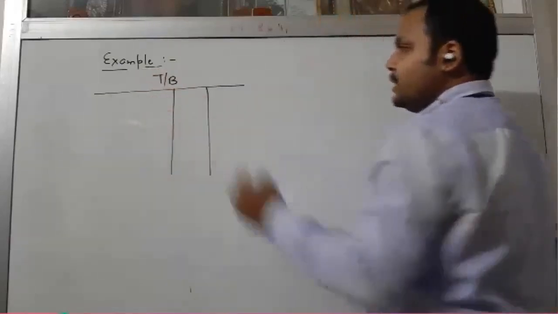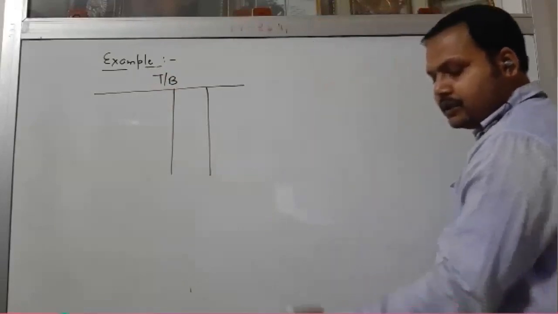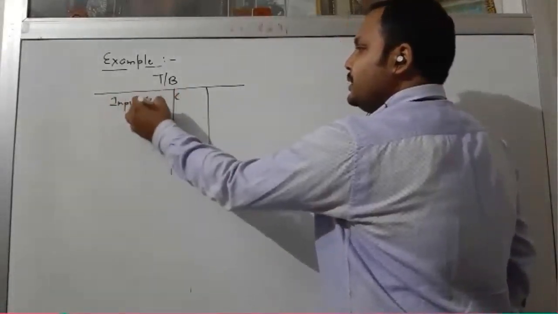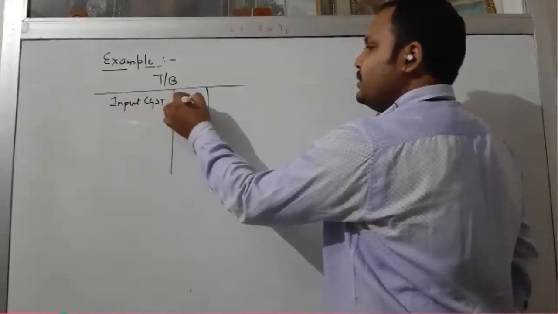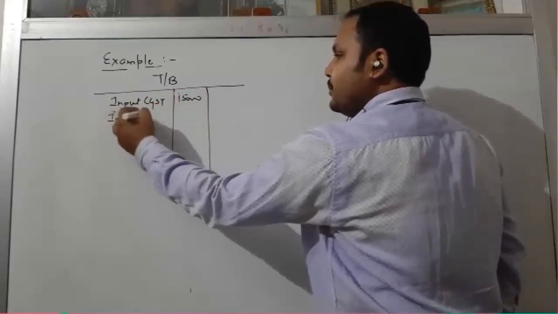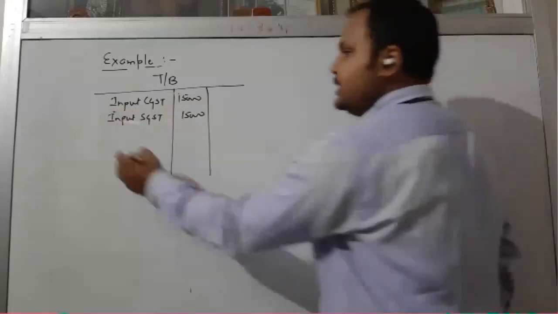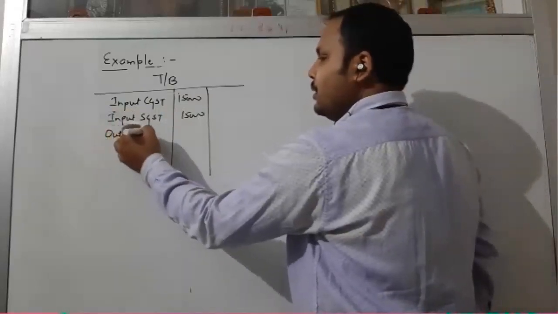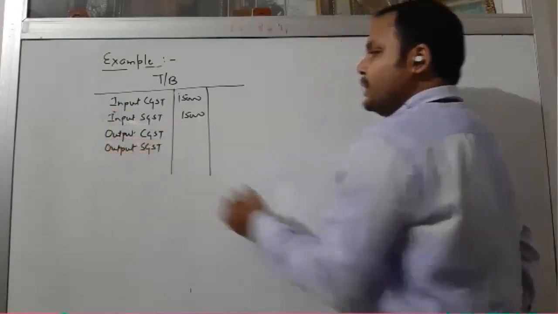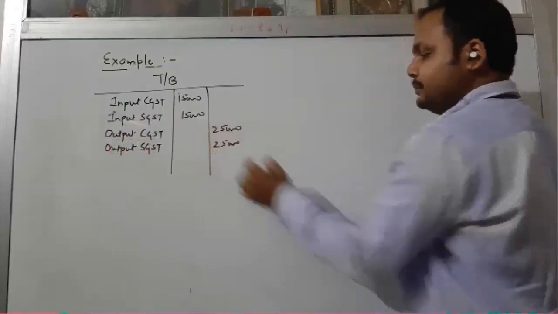In the trial balance the information is given as follows: input CGST 15,000, input SGST also given 15,000, as well as the output CGST and output SGST. Output CGST is 25,000 and output SGST is 25,000.